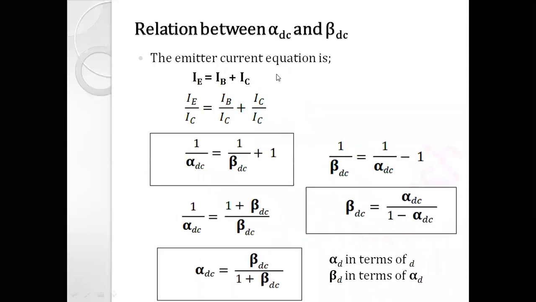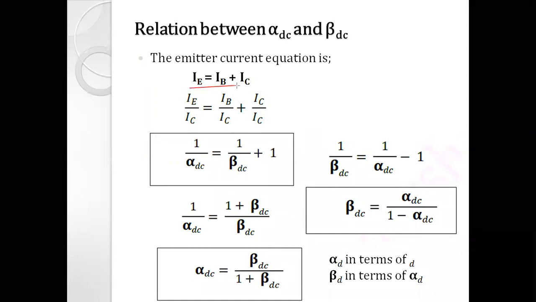Let us build up the relation between the current gain alpha DC and the current gain beta DC. To build up the relation between these two, we must have an idea about the basic equation of the transistor, that is IE is equal to IB plus IC. The emitter current is made up of the base current and the collector current.